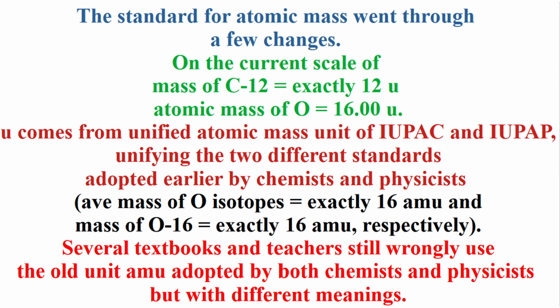The values of atomic masses found in the periodic table of elements are on the basis of C12 as the standard, and hence the correct unit to be attached to these values is U, not AMU, although the values are not different when we use just 4 significant figures.